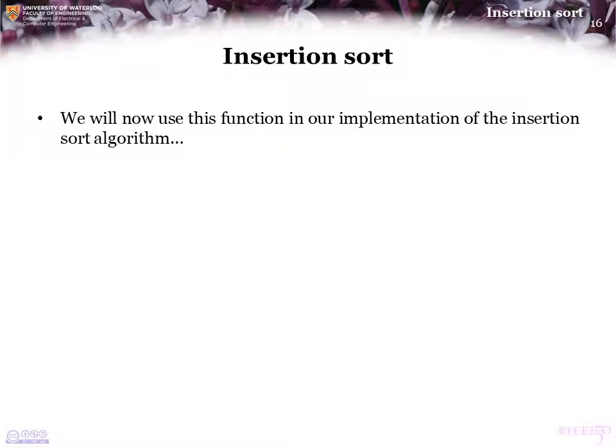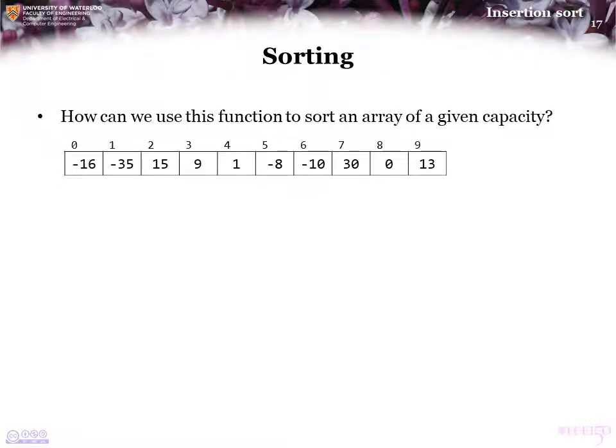Now that we've implemented this insert function, we're actually going to use this insert function in our implementation of the insertion sort algorithm. How does the insertion sort algorithm run? Well, here is an array of capacity 10 that is completely unsorted.